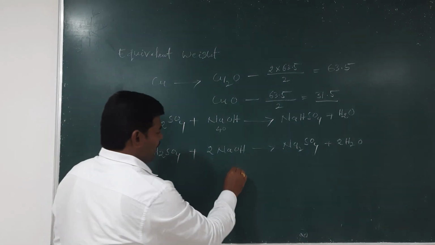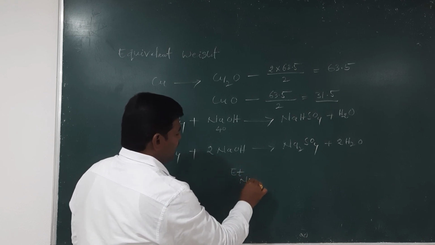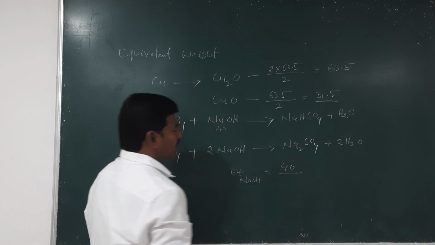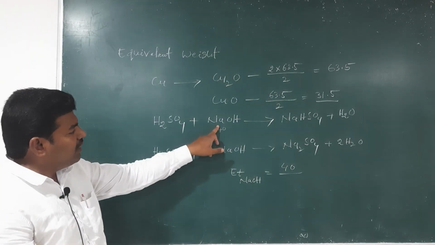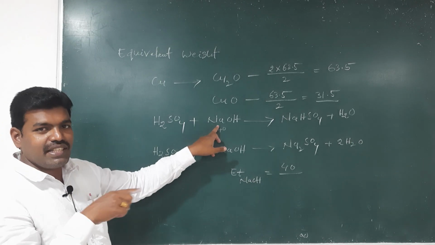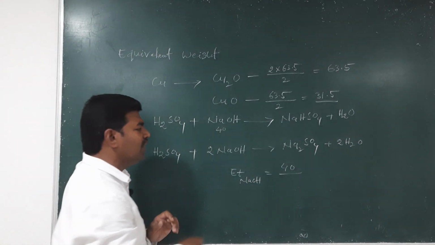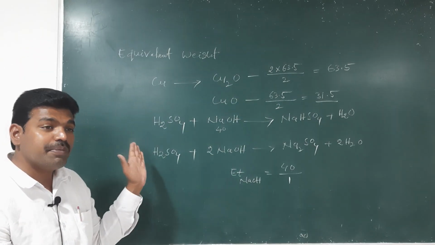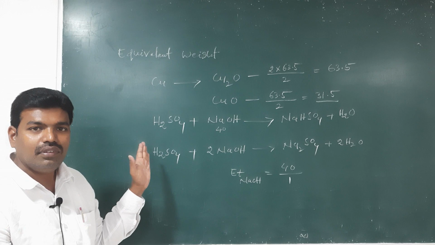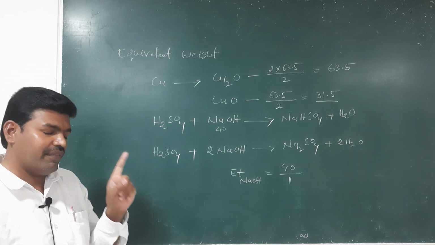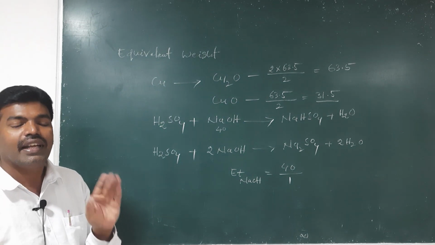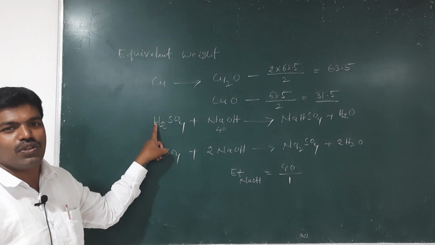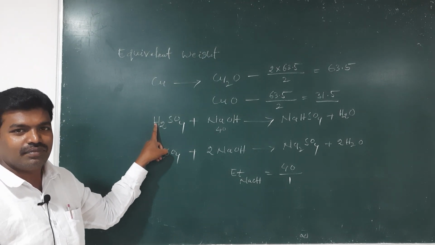So, equivalent weight of NaOH is equal to its molecular weight 40 by how many hydrogens it replaces? Only 1 hydrogen. Valency is especially used for elements, so here it displaces only 1 hydrogen, right?